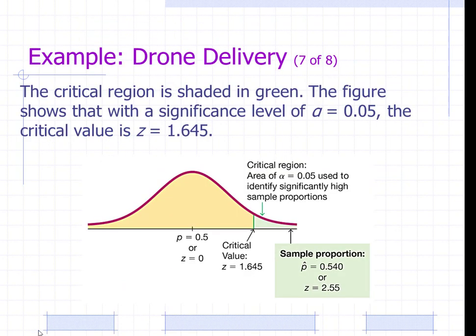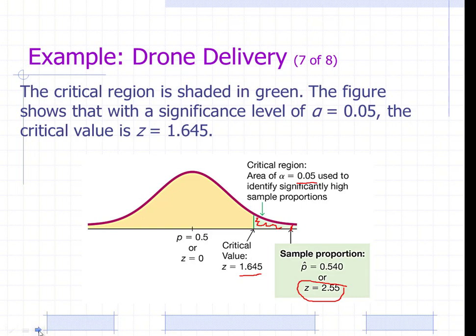So here's our drone delivery, and they have set up a rejection region. When we set our alpha as 0.05, we need 0.05 area above, so we know the critical value is 1.645. But our sample z-score came out to 2.55. It's way up here, so it is in the rejection region.